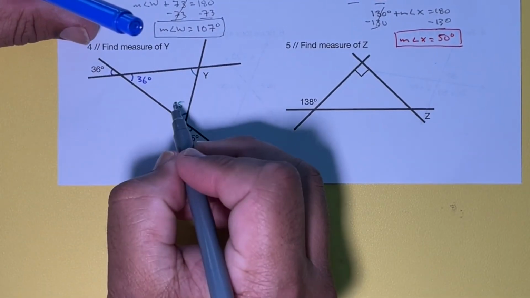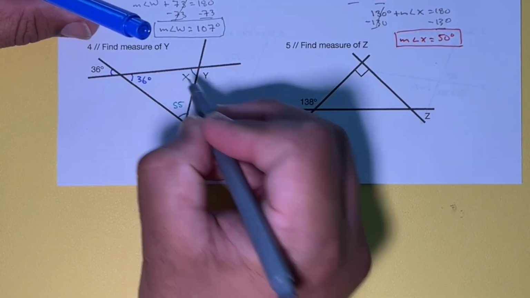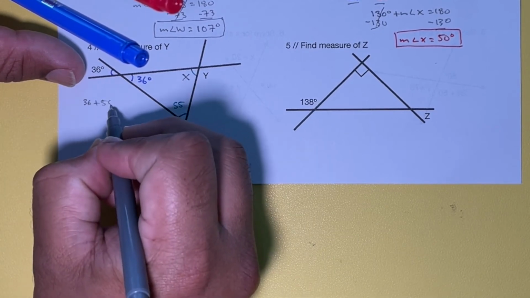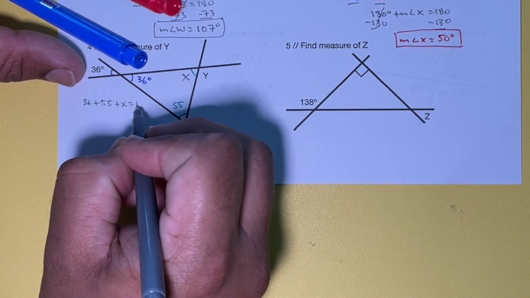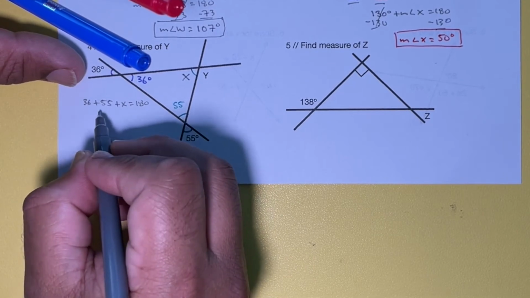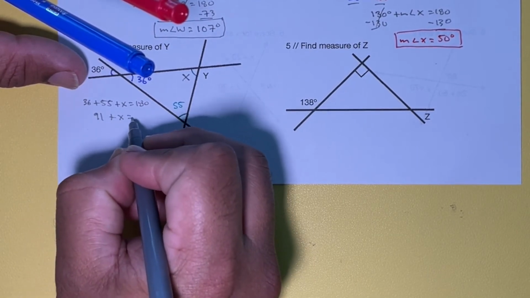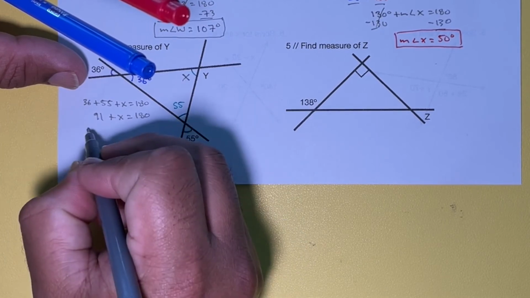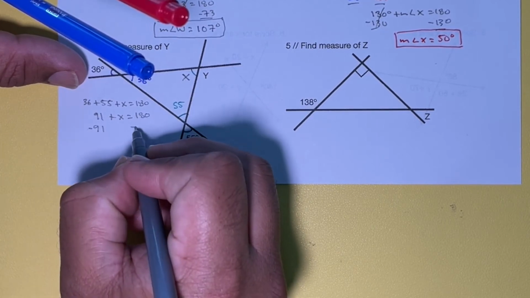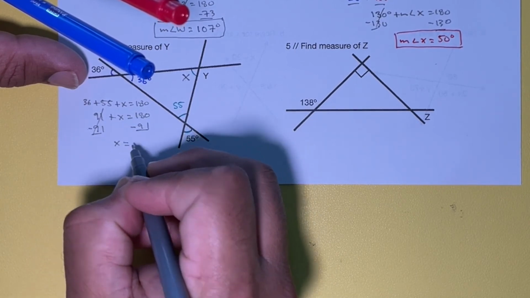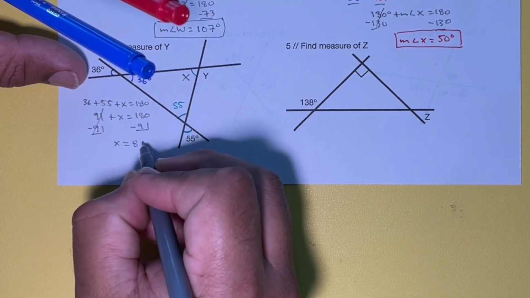So this one plus that one, let's call it X, adds up to 180, so 36 plus 55 plus X equals 180. 36 plus 55 is 91, plus X equals 180. Subtract 91 from both sides, and I get X equals 89.